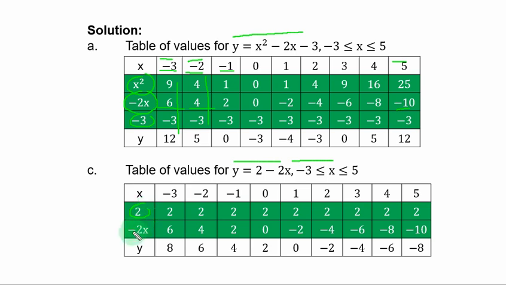To get minus 2s, you multiply each value of s by minus 2. So the same thing you have here is what you have here. To get y, you simply add. 2 plus 6, 8. 2 plus 4, 6. 2 plus 2, 4, and so on.